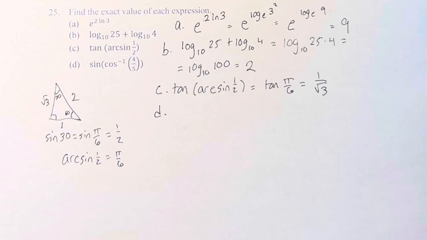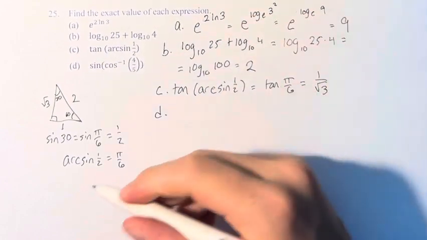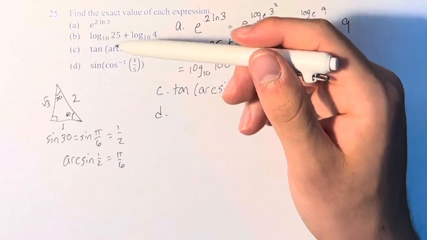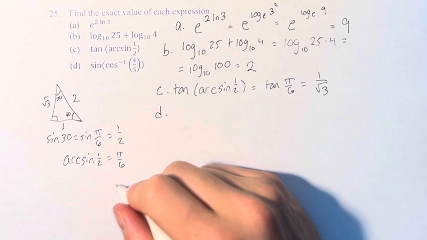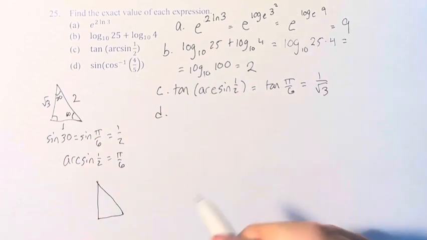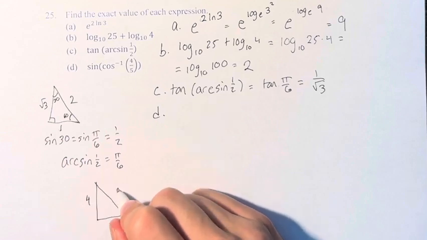In D, we are asked sine of the inverse cosine of 4 over 5. So again, this is the angle for which the cosine is equal to 4 over 5. Well, cosine is just the adjacent side over the hypotenuse.